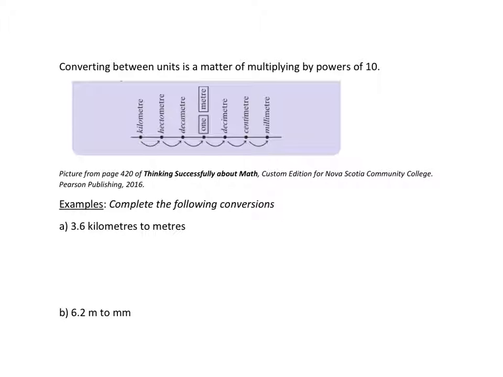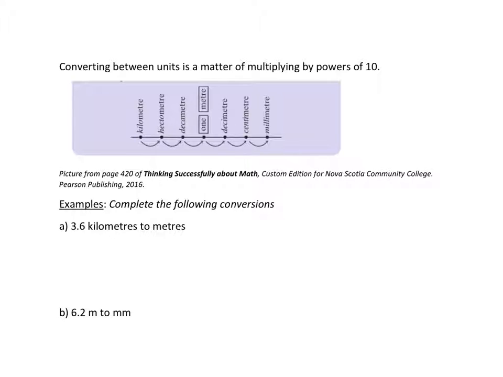So let's look at these conversions and practice them. I've included a little chart from your textbook here as well, and it would be really useful for you to have one of these on a cue card, for instance, and use it as you're doing conversions.